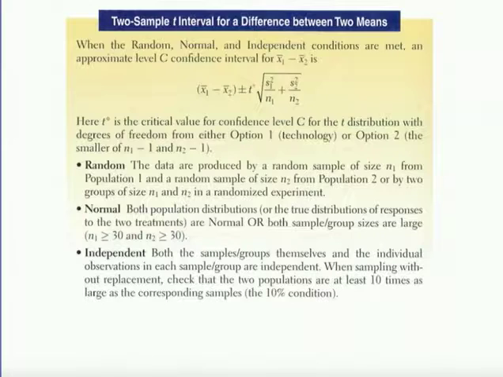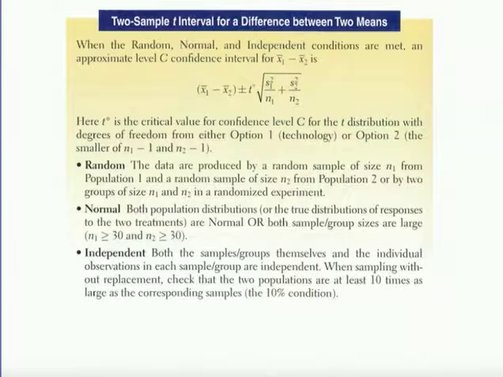So when we're checking to see if it's random, the data are produced by a random sample of size n1 from population 1 and a random sample of size n2 from population 2, or by two groups of size n1 and n2 in a randomized experiment. Normal: both population distributions, or the true distribution of responses to the two treatments, are normal, or both sample group sizes are large, so both of them are greater than or equal to 30.